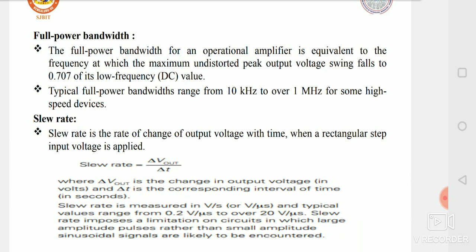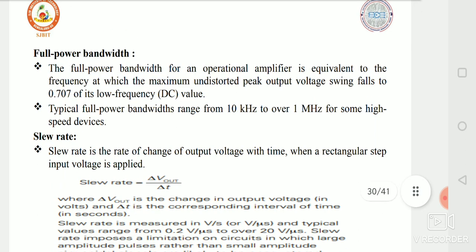One more parameter is the bandwidth. Bandwidth should be very high, ideally infinity, and it ranges from 10 kilohertz to 1 megahertz for high speed devices. The full power bandwidth of an operational amplifier is equivalent to the frequency at which the maximum peak output voltage swings.